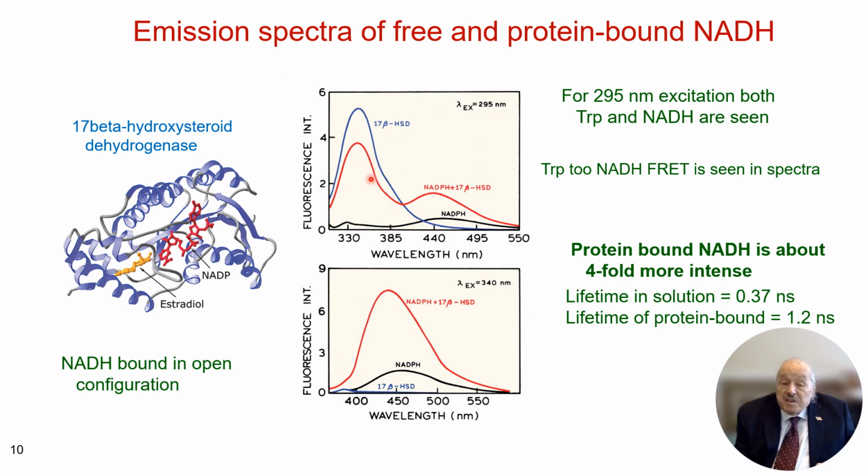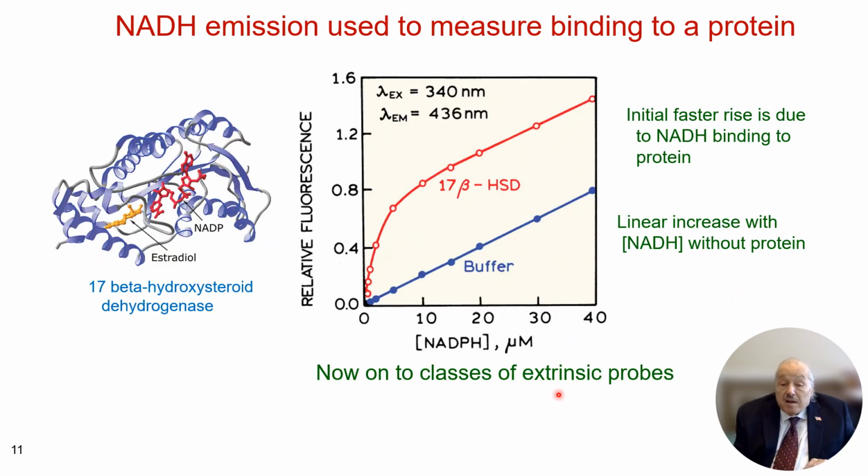Protein emission is decreased a little bit because of transfer to the NADH, and just like in the bottom slide, the NADH emission increases about fourfold when it binds to the dehydrogenase. These changes have been very useful for detailed studies of binding of NADH to proteins.